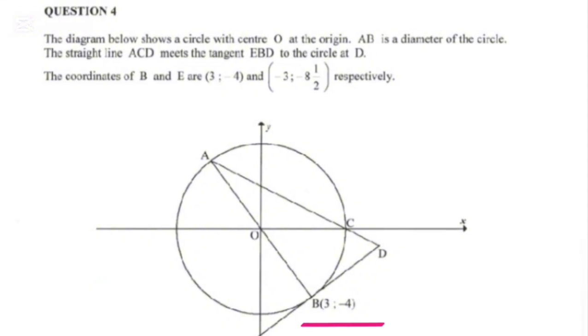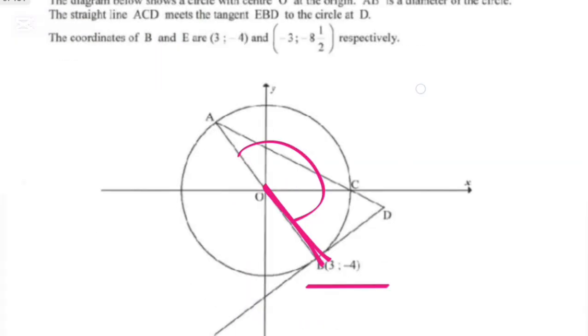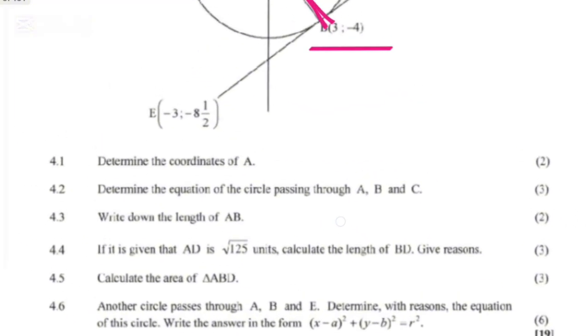Okay, A is easy because you see that B is 3 and 4. So this is a rotation about 180 degrees. If you did rotation, you can even tell by looking at these marks, it's only 2 marks.